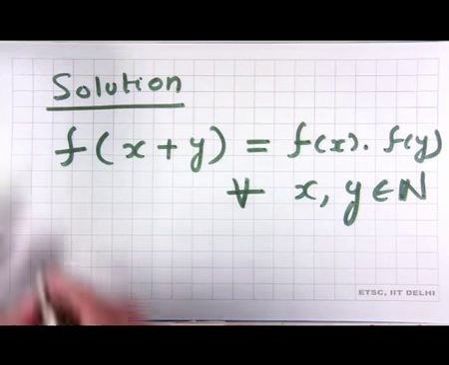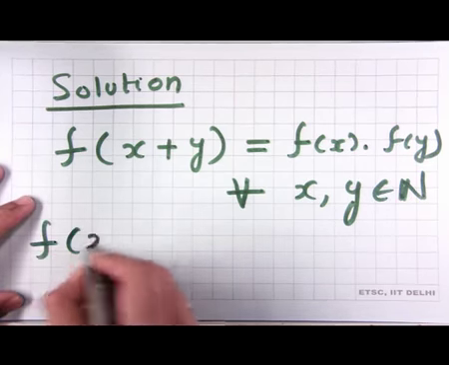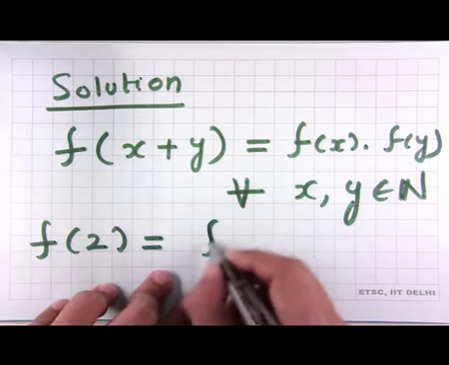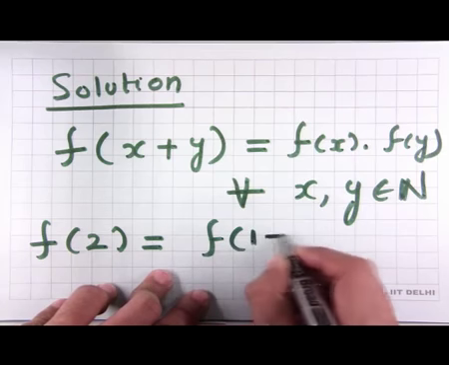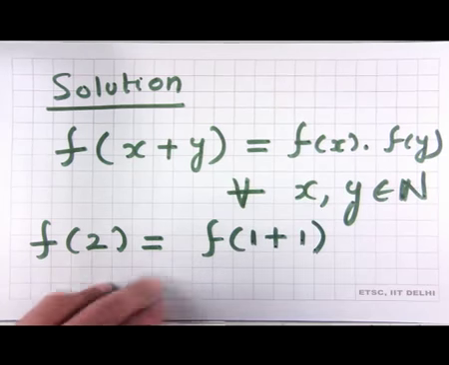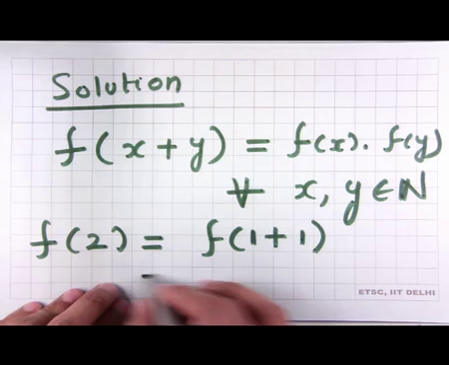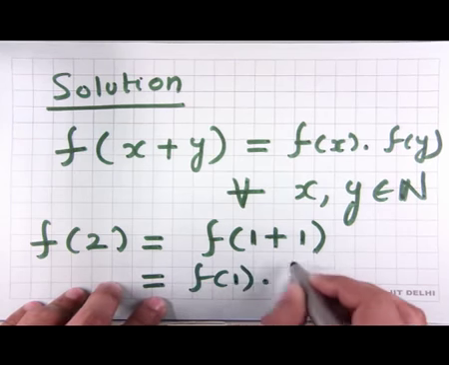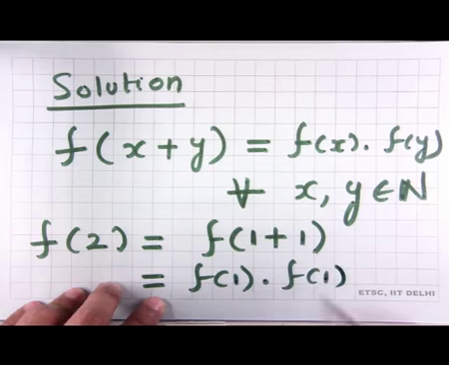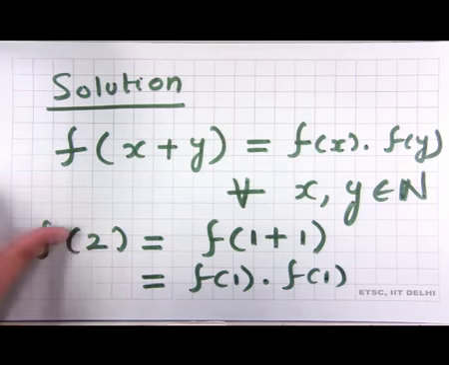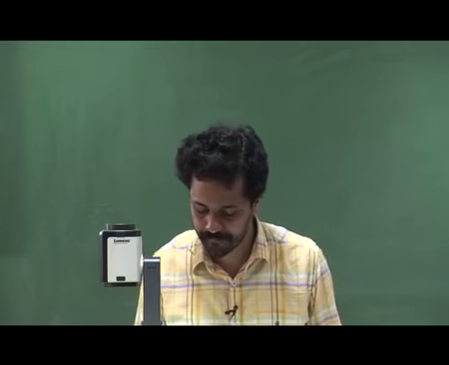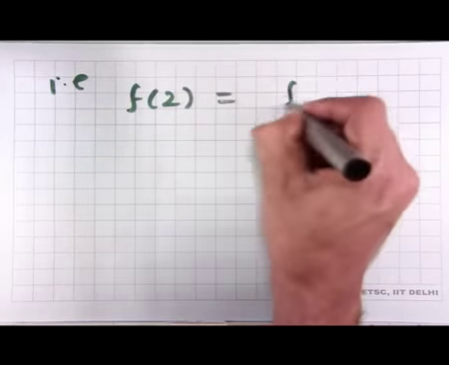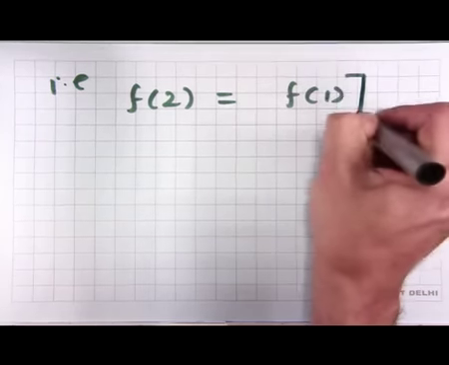With this, f at 2 can be calculated as f of (1 plus 1), which coincides with f of 1 into f of 1, that is f of 2 is equal to f of 1 square.